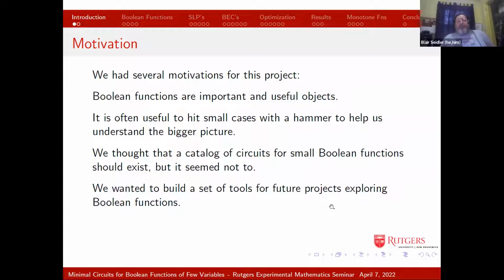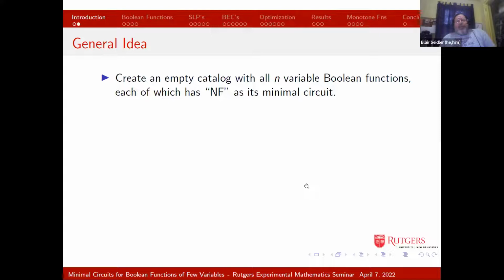We also just wanted to have a set of tools for exploring Boolean functions because there are other projects coming down the line, and building a tool set up from scratch seemed like a reasonable investment. So the general idea is we start by creating an empty catalog, just list all the Boolean functions on n variables and admit that we have not yet found circuits for any of them.